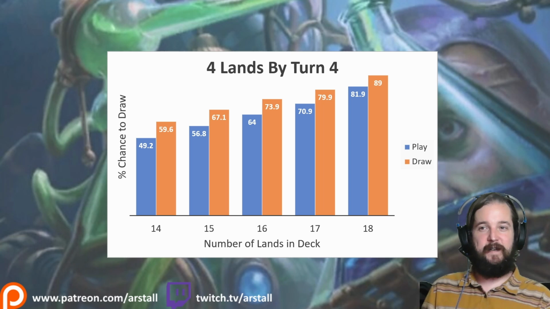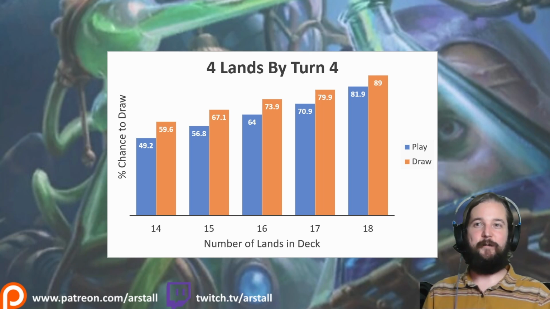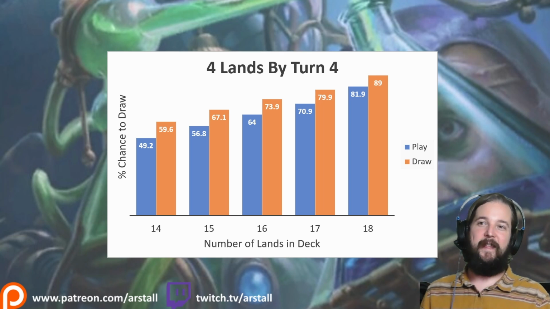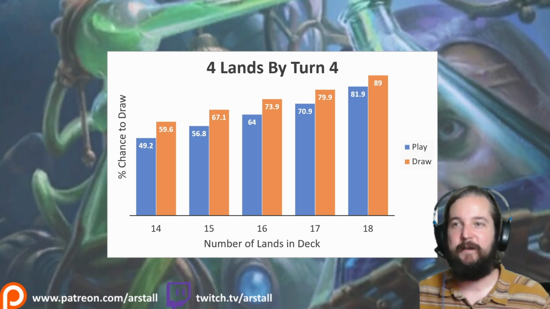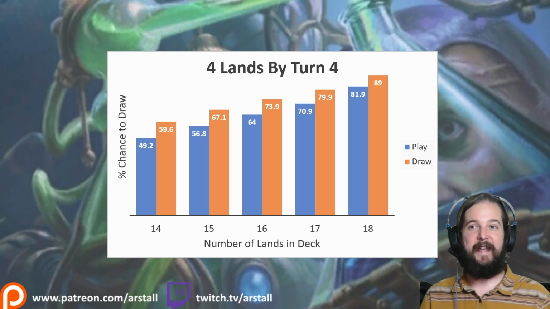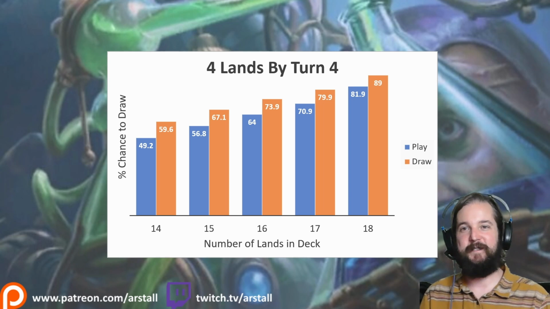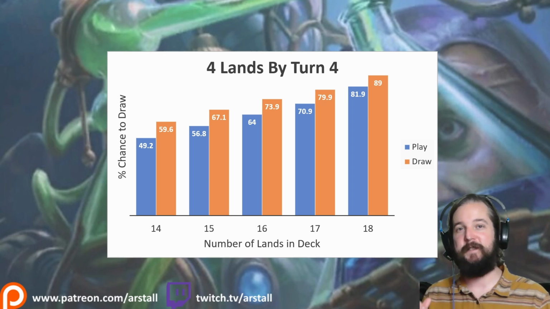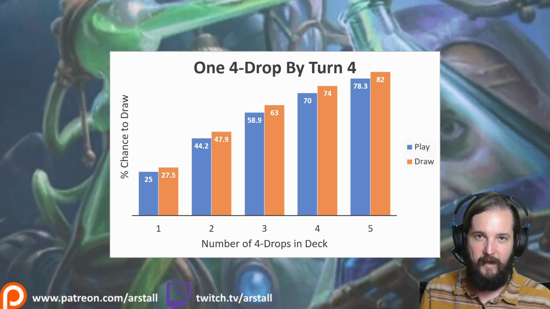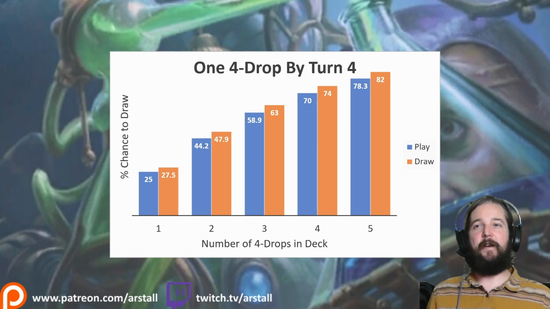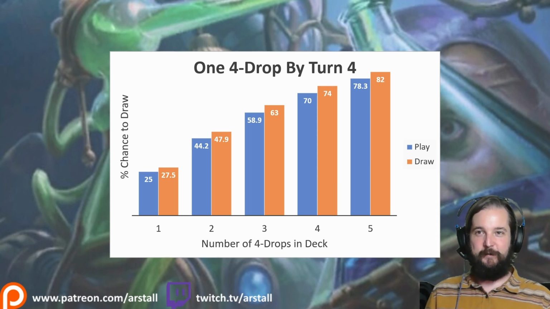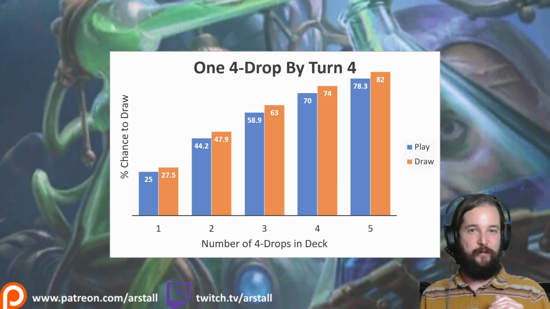So if we decide to run 16 lands in our deck, then we can still hit it 64% of the time. And if we run 15 lands, then we can hit 56.8% of the time on the play, and that's when it's the lowest possible. So we've got the 1 4-drop by turn 4. We still want to hit the 1 4-drop, right?